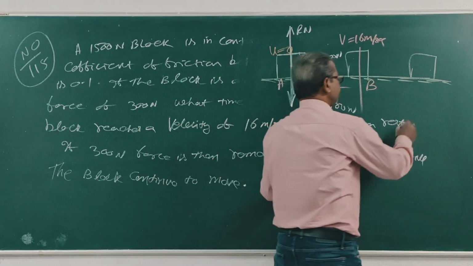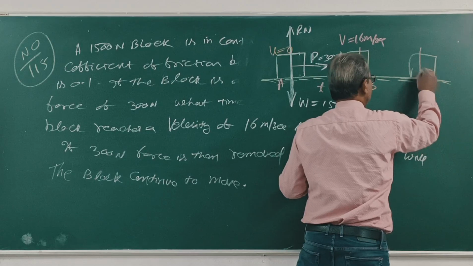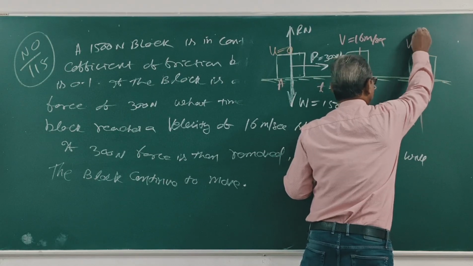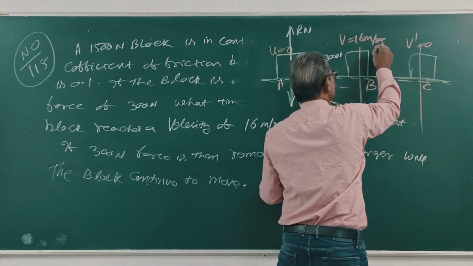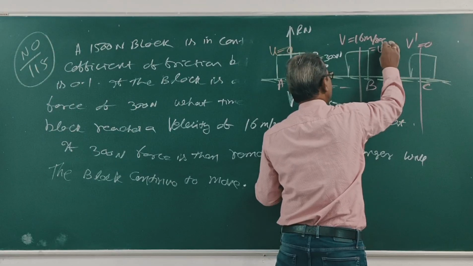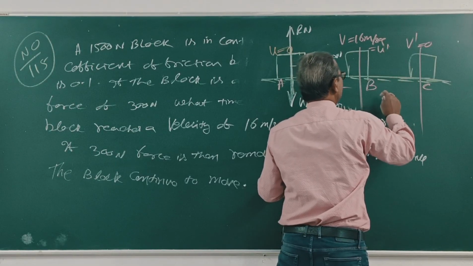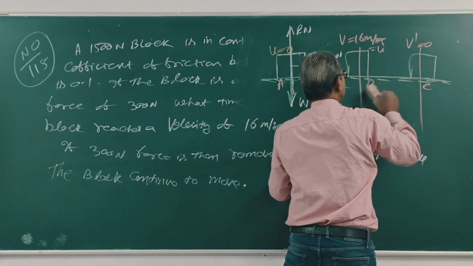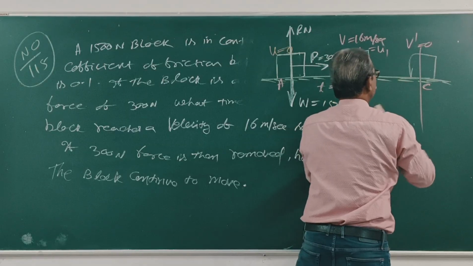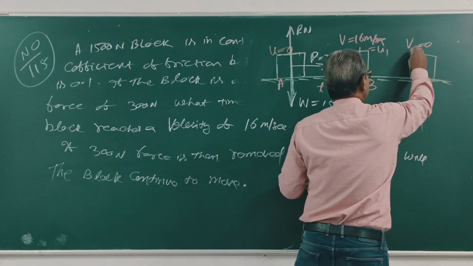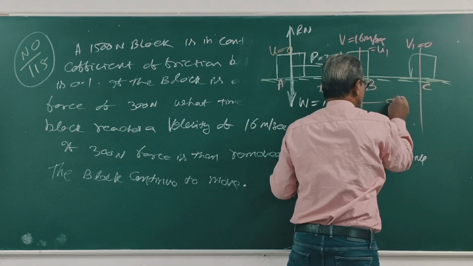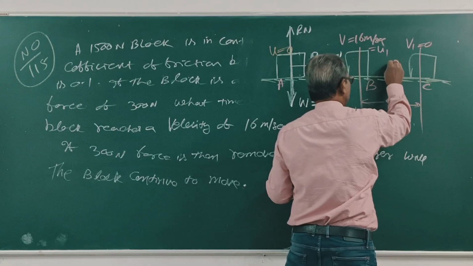Suppose at point C, v dash is equal to 0. This u1 is equal to v1. Clear? This is S1, so time taken is t1.